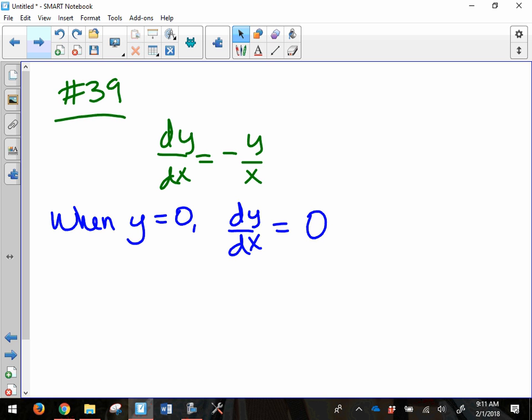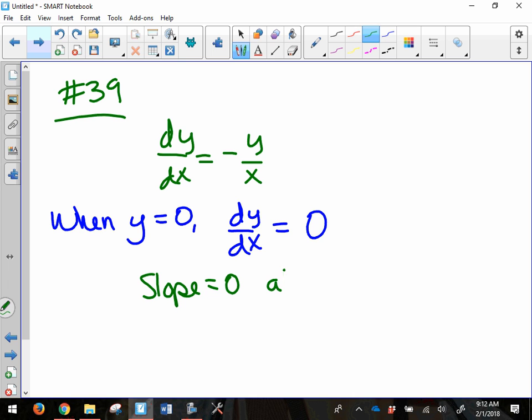Okay, so this tells us that all along what axis should we have a slope of 0? Where is y equal to 0 all the time? The x-axis, right? So that means we should have a slope equal to 0 along the x-axis.